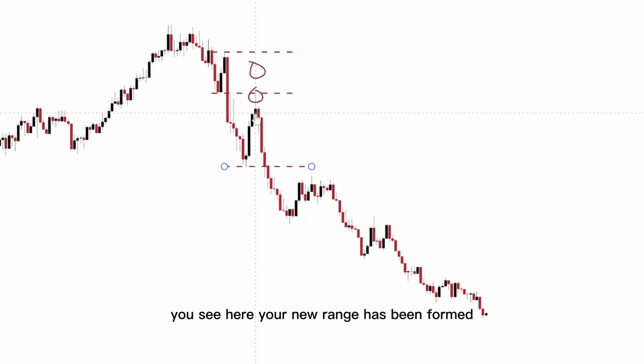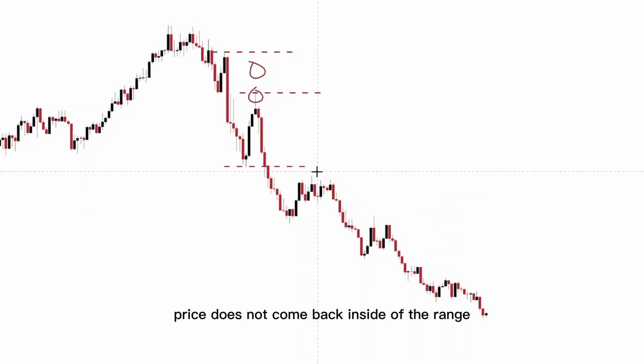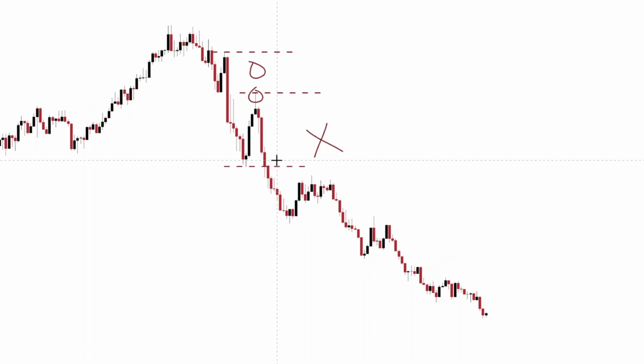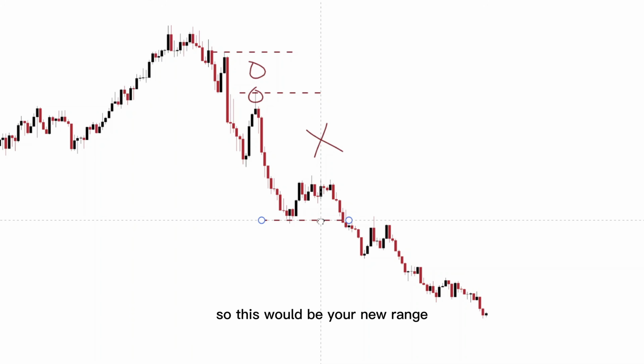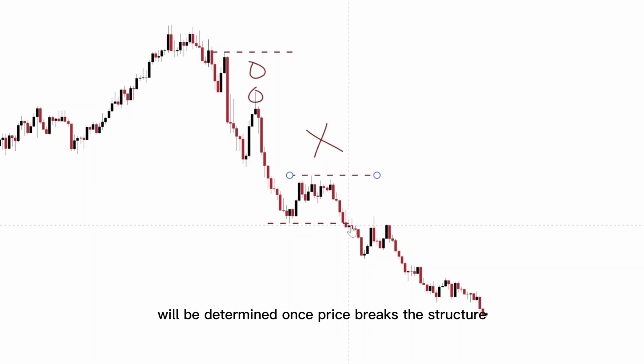You can see here, your new range has been formed. What does price do? Price does not come back inside of the range, finding rejection right here. So this would be your new range, your new low and your new high. Your high will be determined once price breaks the structure.